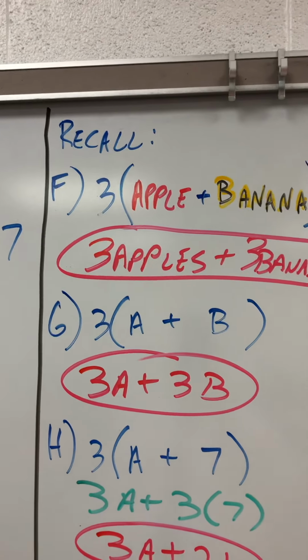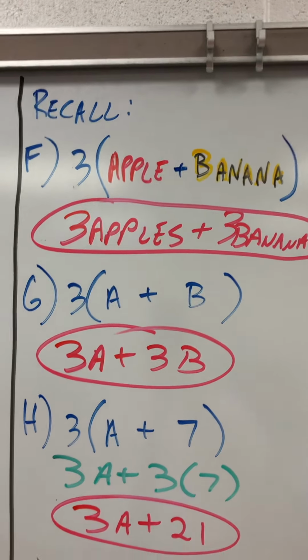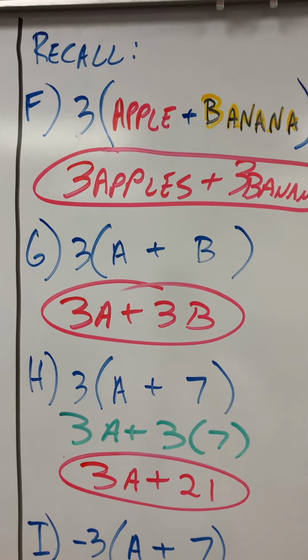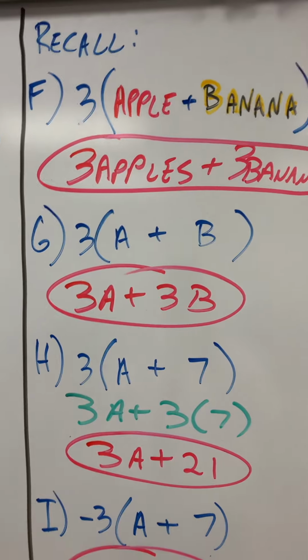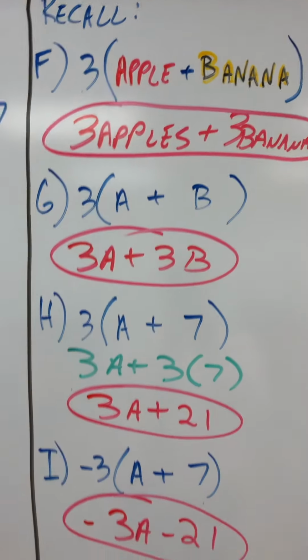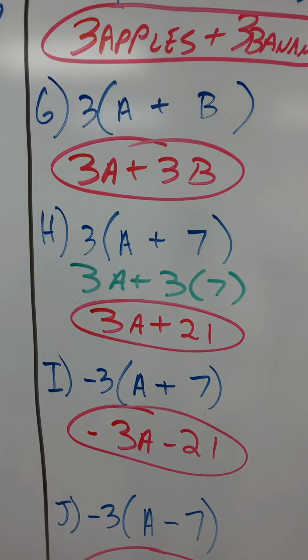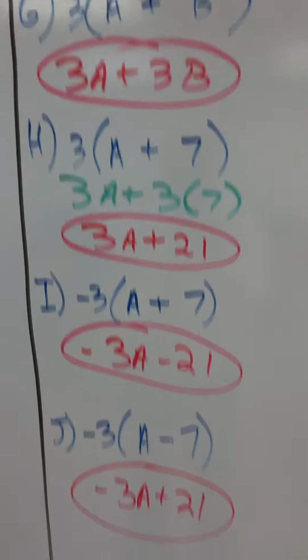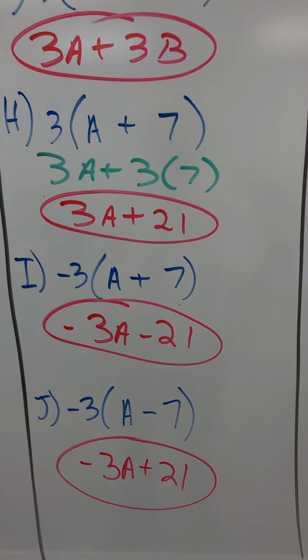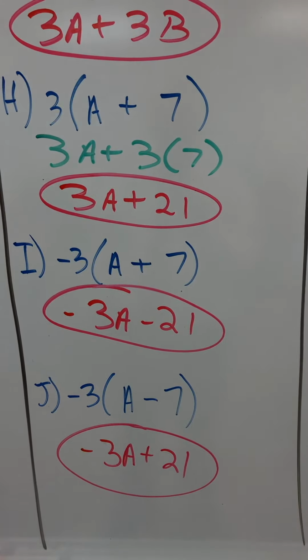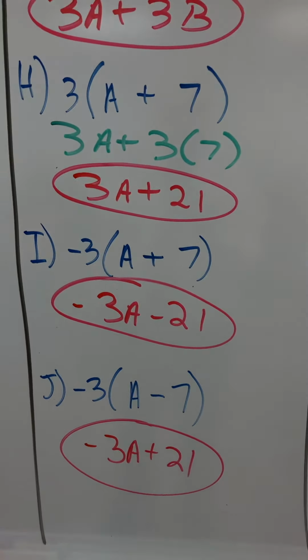If I have an A and a 7 and I buy 3 of them, I got 3 A's and 3 7's, but that makes 3A plus 21, right? Negative 3 times A plus 7 is negative 3A minus 21. Negative 3 times A minus 7 is negative 3A plus 21.